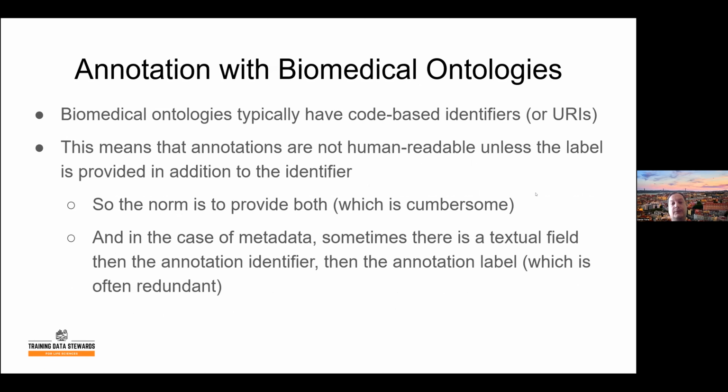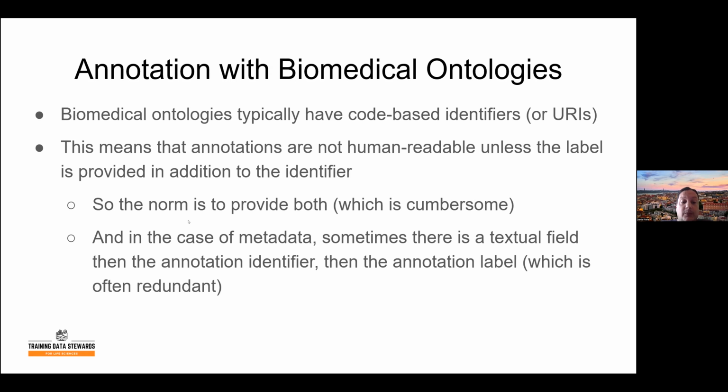And when it comes to annotations, because biomedical ontologies typically use code-based identifiers and code-based URIs, so it's things like GO:0000001, this means that to make your annotations human readable, in addition to providing the identifier of the concept you are using for annotation, you have to provide the label, so the actual function that corresponds to the Gene Ontology term.